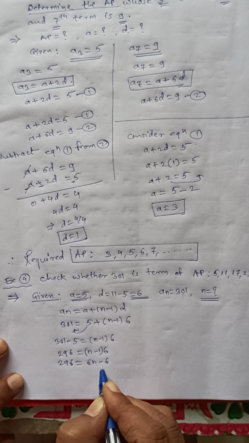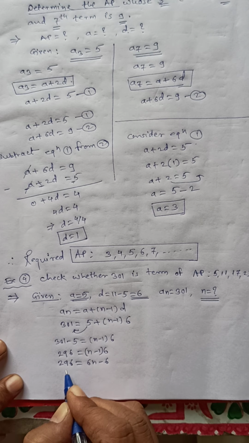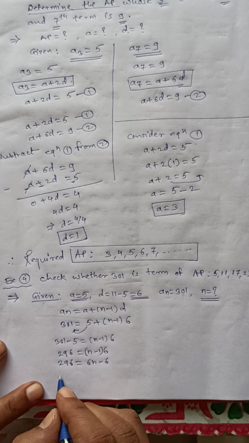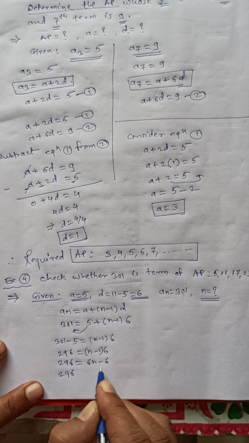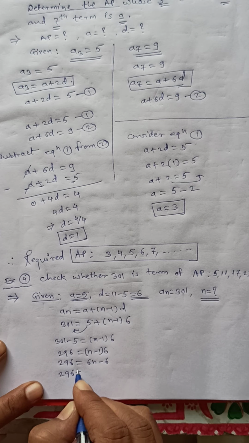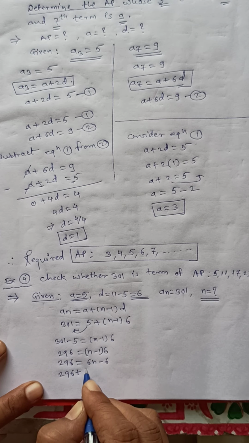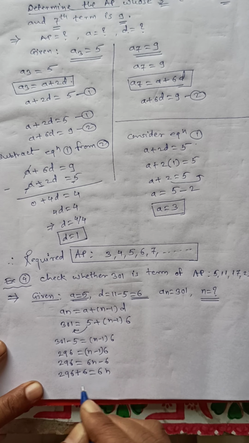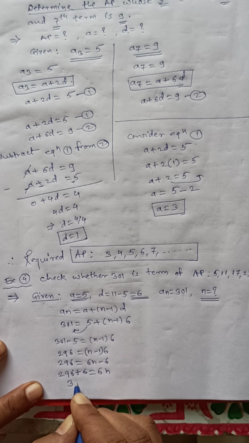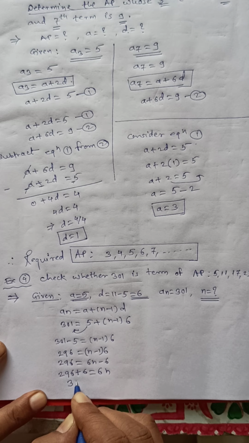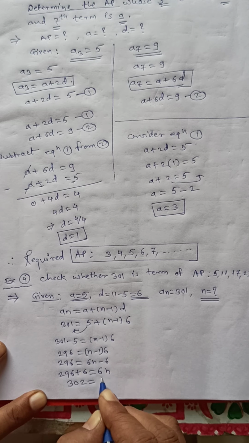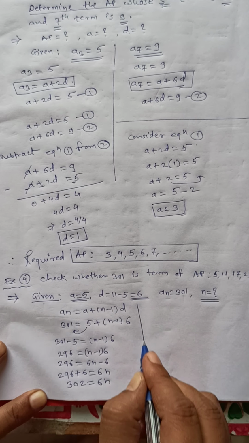That minus 6 again we will shift to this side, so it will be 296 plus 6, which is equal to 6n. So 302 is equal to 6n.